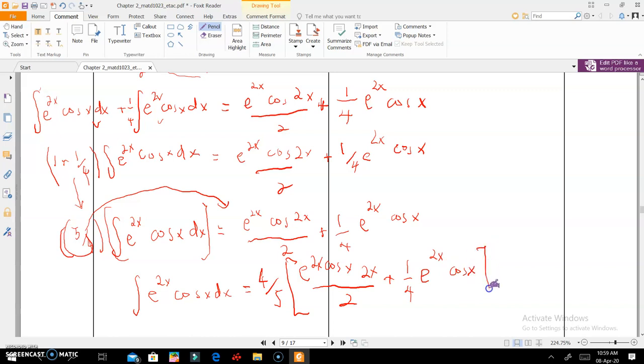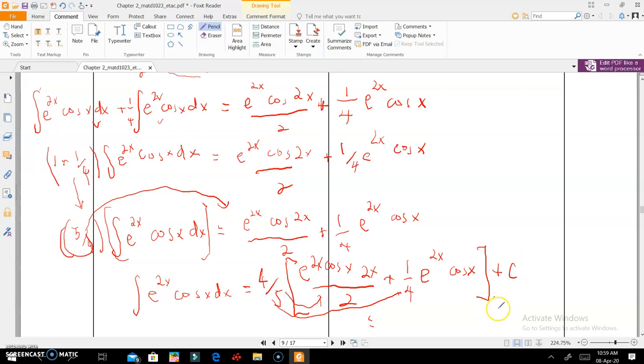Okay, and for the last final answer, you can actually multiply this term, and also this term to get the final answer, which is the full solution for it. And don't forget to mention the plus C at the back of it.